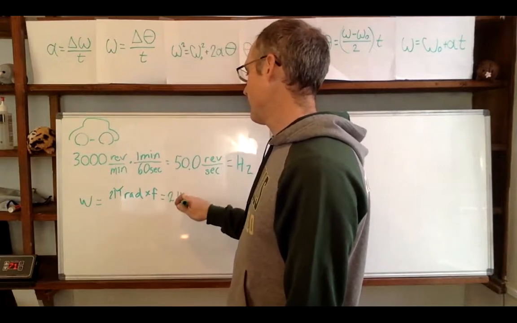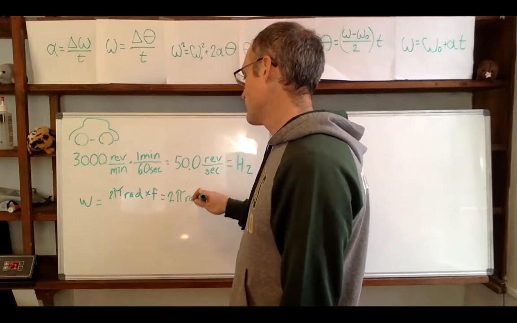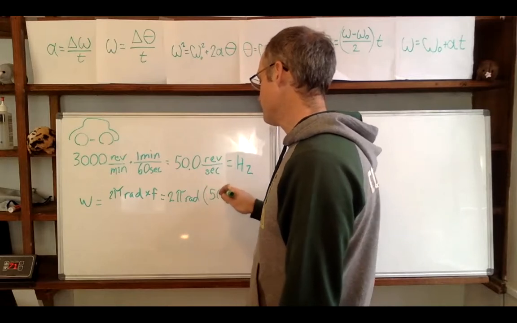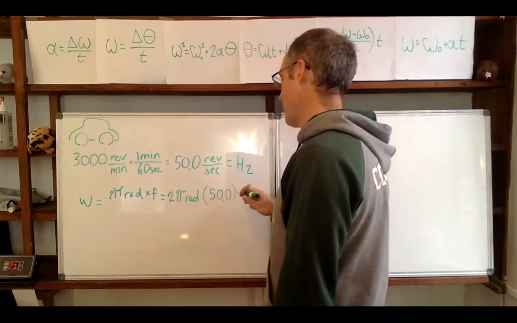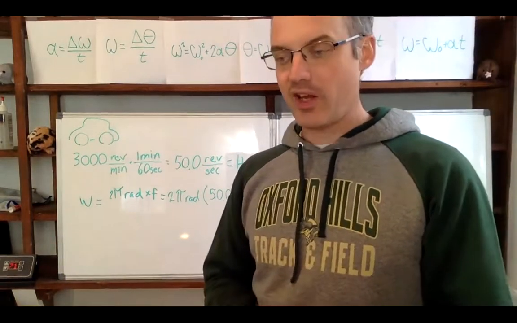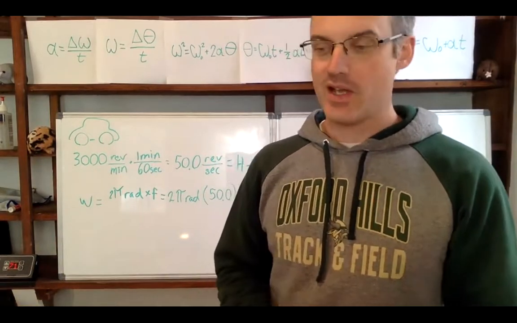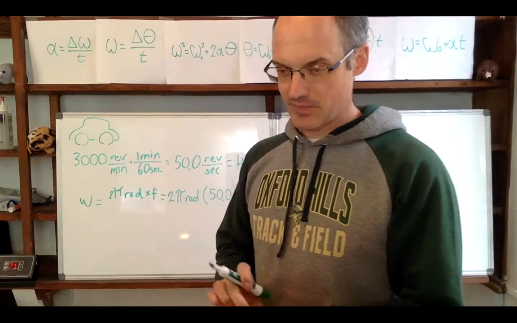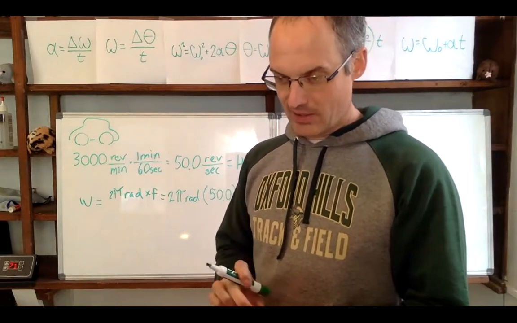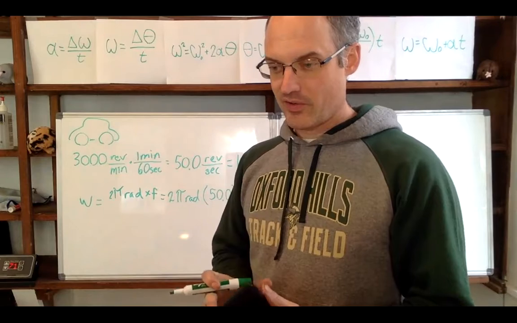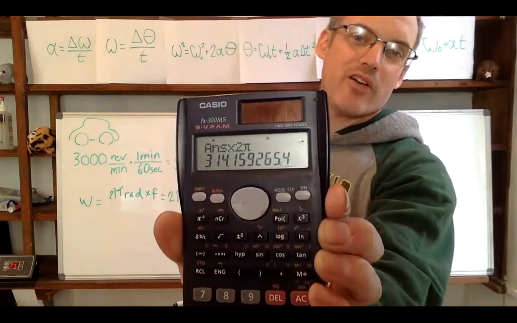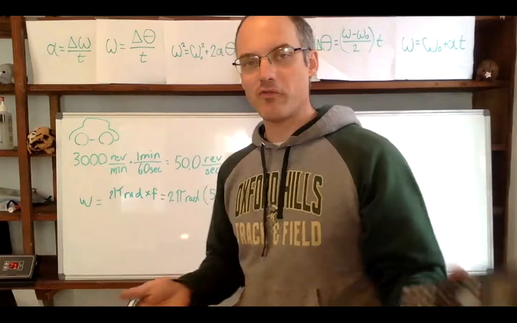We have 2 pi radians, and we're multiplying that by 50. We need it to be in radians per second. So multiply by 2 pi, and we get 314.12. So 314 is close enough.